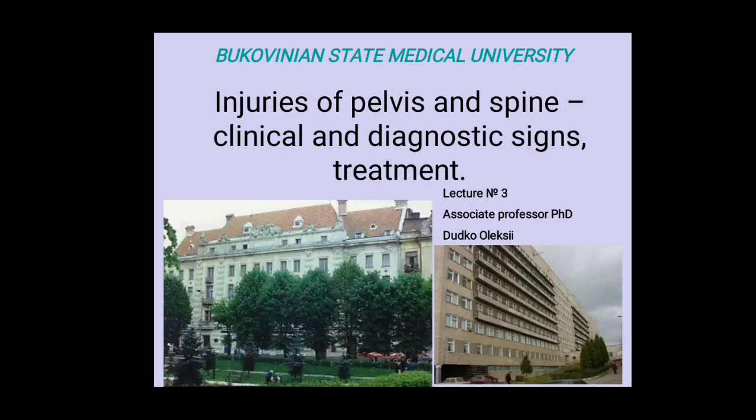If it is A group, less severe fracture, when pelvic ring is stable, maybe this patient can be treated in ambulatory conditions at home. But if we are talking about unstable fractures with vertical or rotational instability, of course, these fractures need more attention. They need specific treatment, and we talked already about very high lethal outcome.